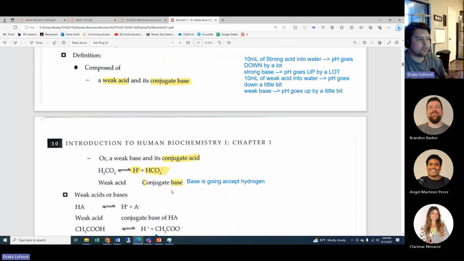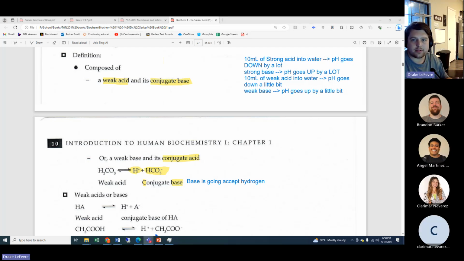You can think of it like its base pairing, where if you were to put more of this HCO3 into that same water that you put the acid into, if there's more conjugate base, it's going to grab onto these hydrogens and make the reaction go the other way and form more of the weak acids. Okay. Does that make sense?